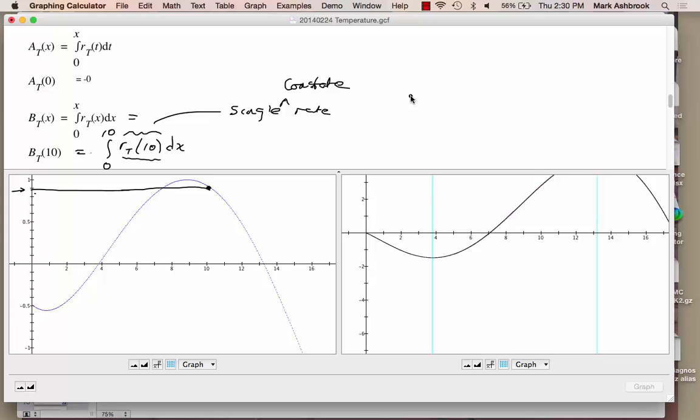It's not following the rate curve. It's just accumulating at this constant rate of r sub t of 10. That's what happens if you have x here, because as the current value of x changes, you're just going to have the constant rate for the whole interval. From 0 all the way to the current value of x, you're going to have a constant rate.